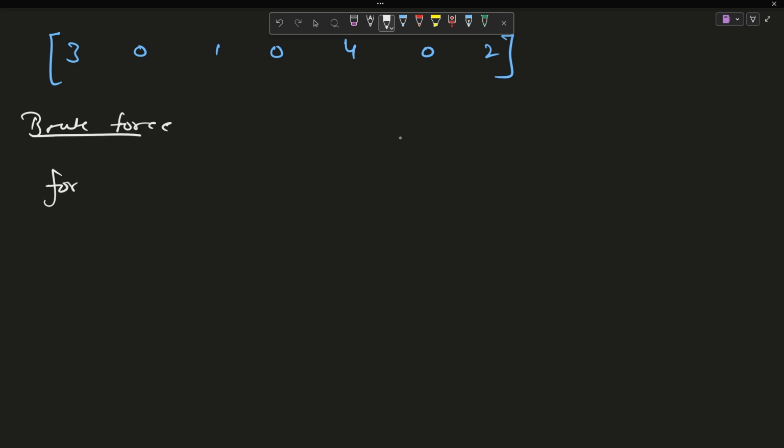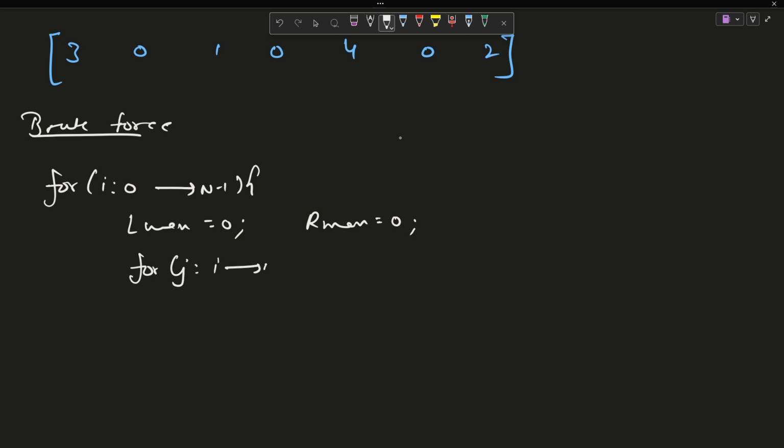You will say for particular all the indexes, right? For i going from 0 till n minus 1, lmax equals 0, rmax equals 0, right? Now, for j going from i to n minus 1, rmax equals maximum of rmax and arr[j].